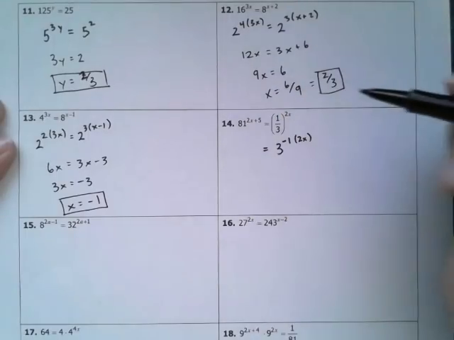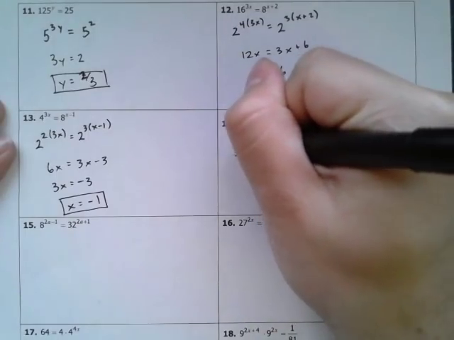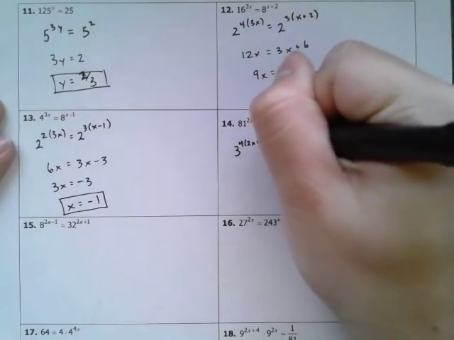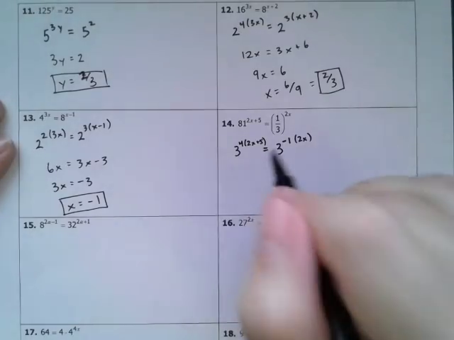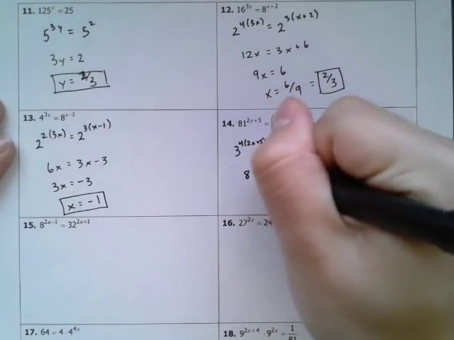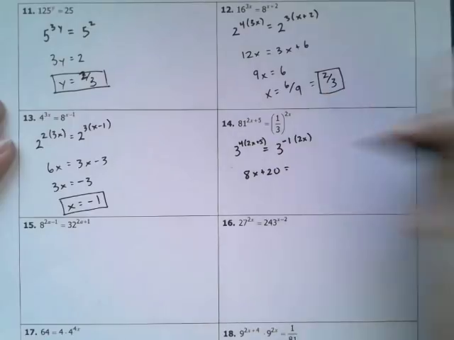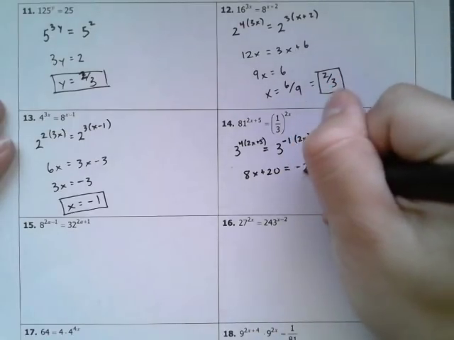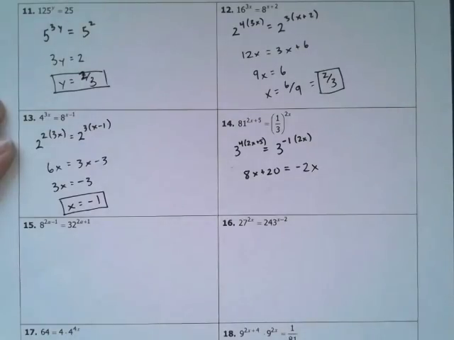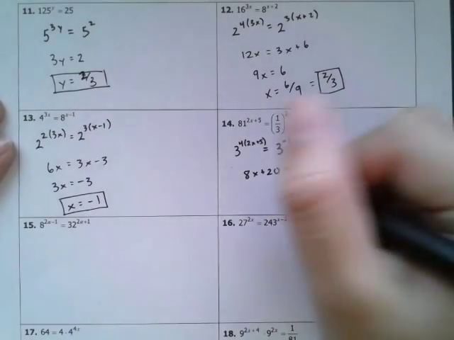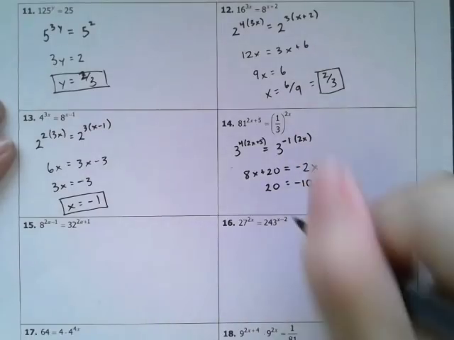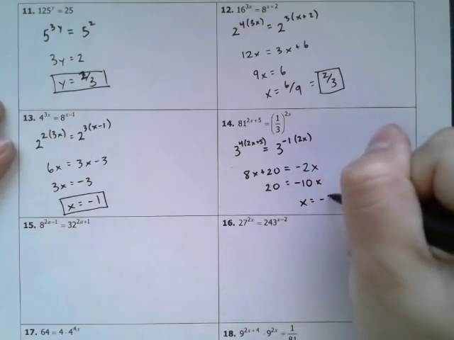Then I can rewrite 81 as 3 to the 4th times 2x plus 5. Now I have the same base, so I have 8x plus 20 distributed to 4 is equal to negative 2x. If I solve for x, I get, let's see, 20 is equal to negative 10x, so I get x is equal to negative 2.